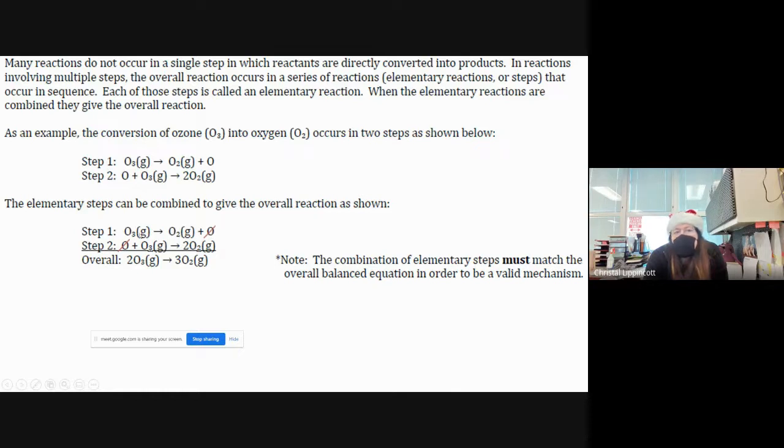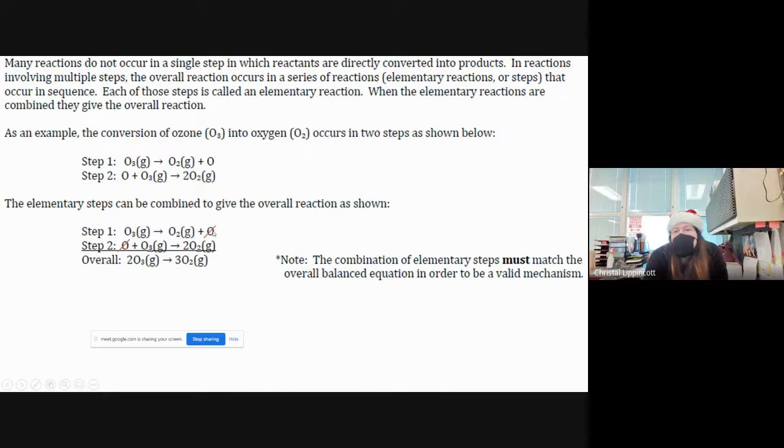Okay. So, this O3, this ozone, is going to break down into O2 and an O, and then that O is going to go down in here, combine with another O3, and form two O2s. And so this oxygen here is known as what? What do we call that when it forms? Intermediate.